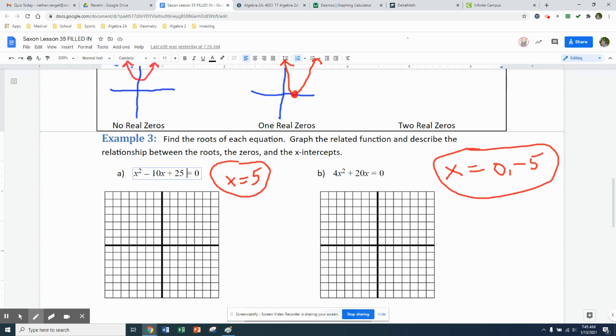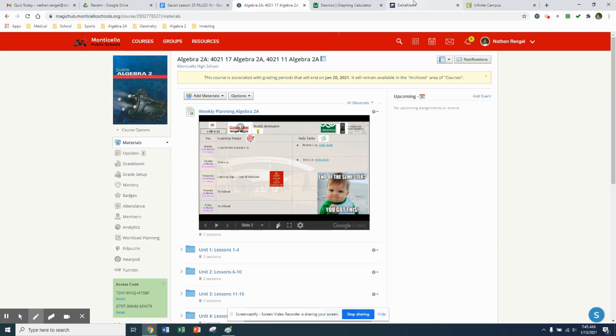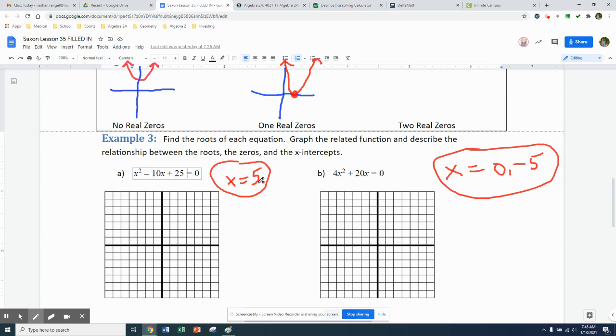So I previewed Delta Math, and everything that you would graph on Delta Math will be in that window on your graphing calculators as well. So you could use Desmos or your graphing calculator. And that would also be available to you on your schedule as well, where that graphing calculator icon is. All right, any other questions about our graphing?